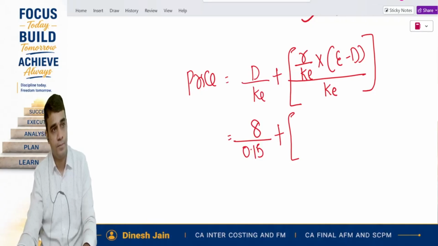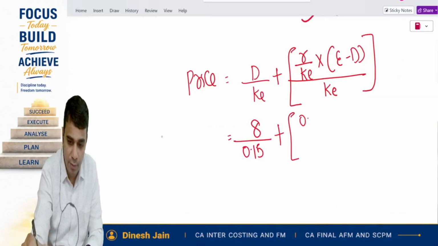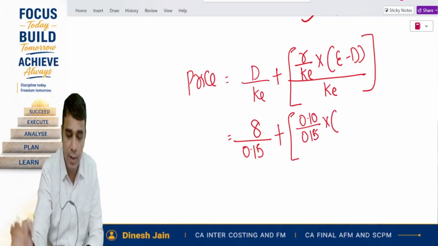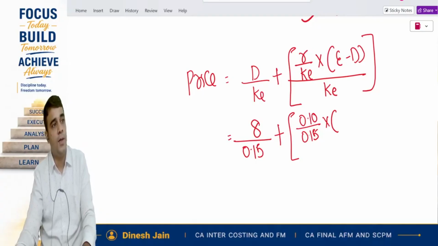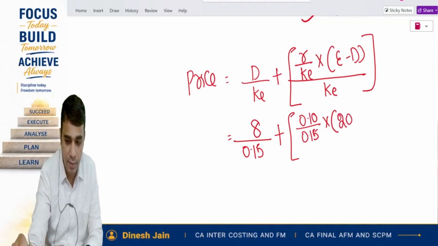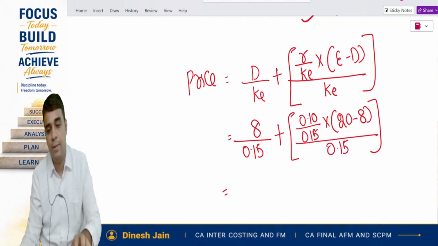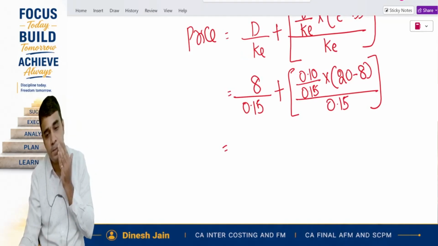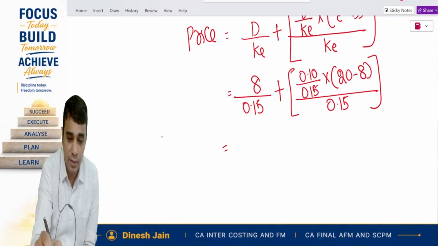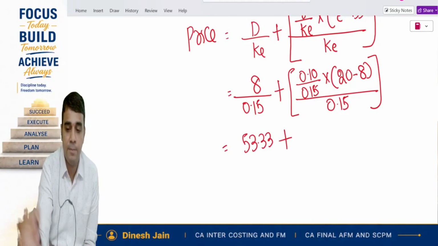How much is return on equity? 0.10. 0.10 by 0.15 into earnings per share minus dividend. Tell me the first part. 8 divided by 0.15, two decimals. 53 point. Second part.